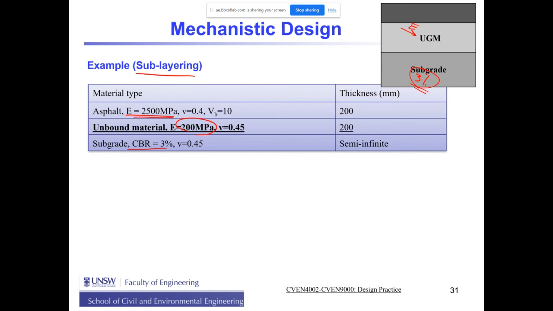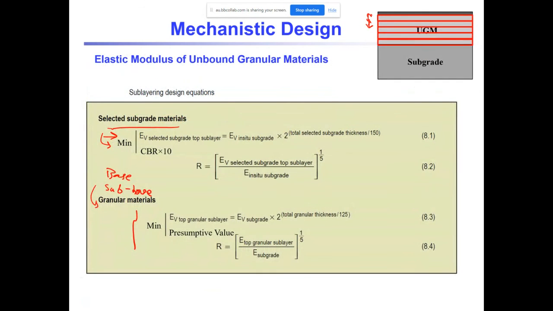So in this case, the first thing we need to do is that this is for the base and subbase layer. We are going to use these equations. The first equation will give us the vertical Young modulus at the top of the granular sublayer, defined as a function of the vertical Young modulus of the subgrade.